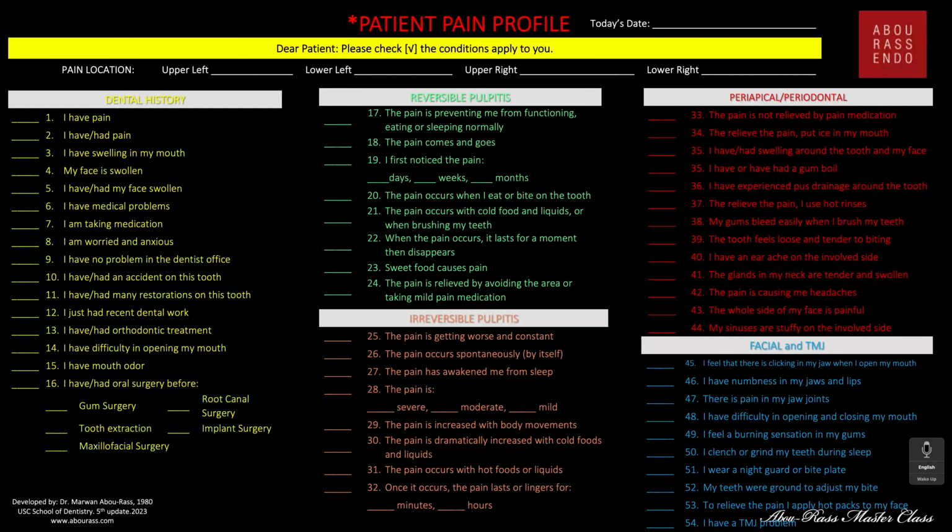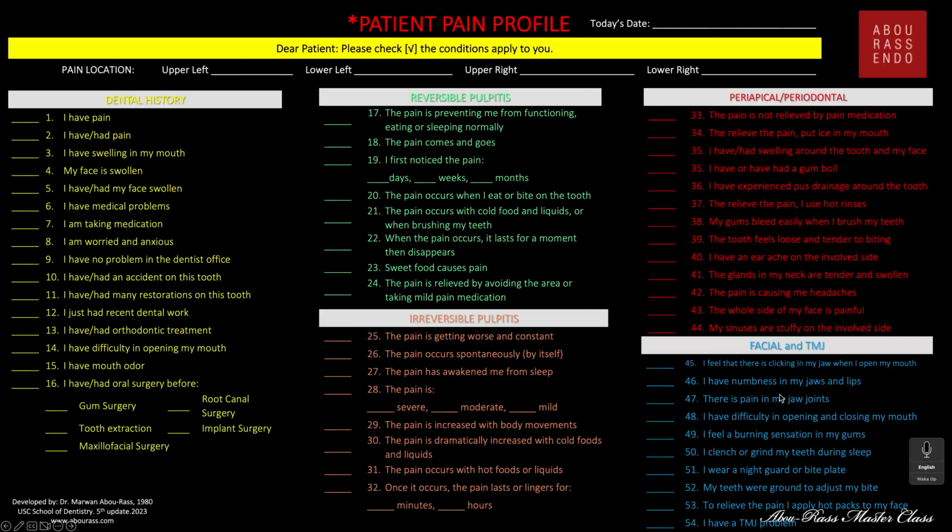The symptomatic, again, we're going to use the 4R operational diagnosis, and it is color-coded to guide you in terms of the dental history, the patient's story, the reversible pulpitis, the irreversible pulpitis checks are here, the periapical and periodontal conditions are in red, and the facial and temporomandibular joint are in the blue.